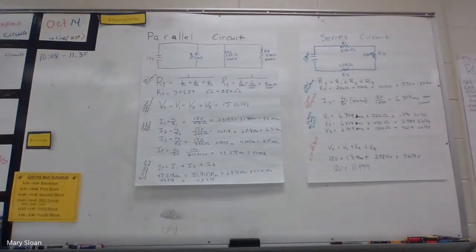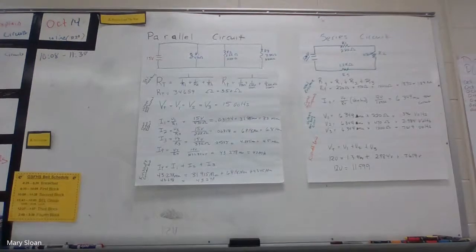The last thing I'm going to do is check the law. Remember what we talked about 2 days ago? We have KVL and KCL. For parallel, we're going to use KCL. It's telling us that the current total should equal current in 1 plus current in 2 plus current in 3.